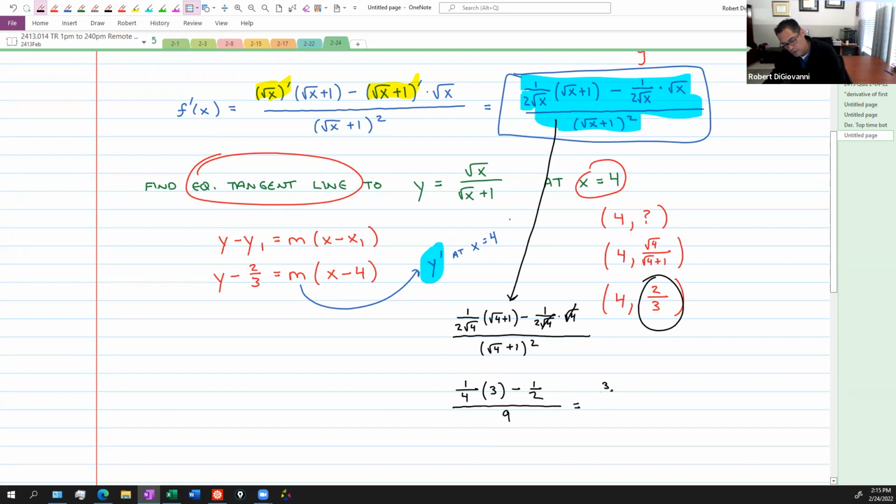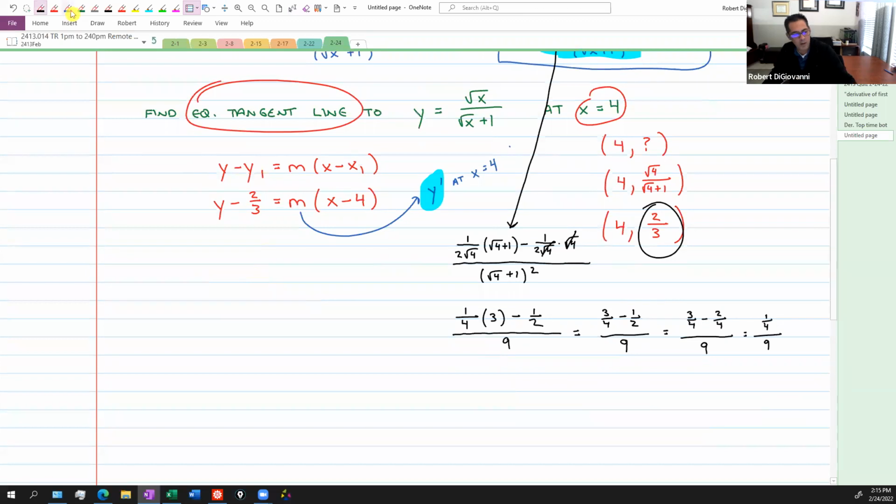So I get 3/4 minus 1/2 all over 9, which is 3/4 minus 2/4. I'm about to combine the numerators together. So I got a common denominator here. So this gives me 1/4 divided by 9. And if we look at this as a fraction divided by a fraction, you can multiply by the reciprocal.